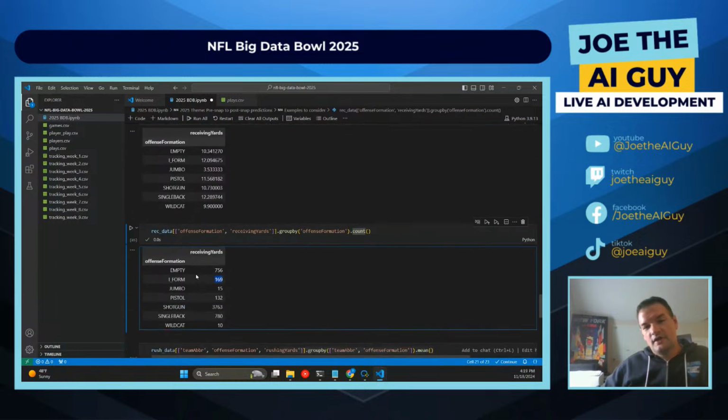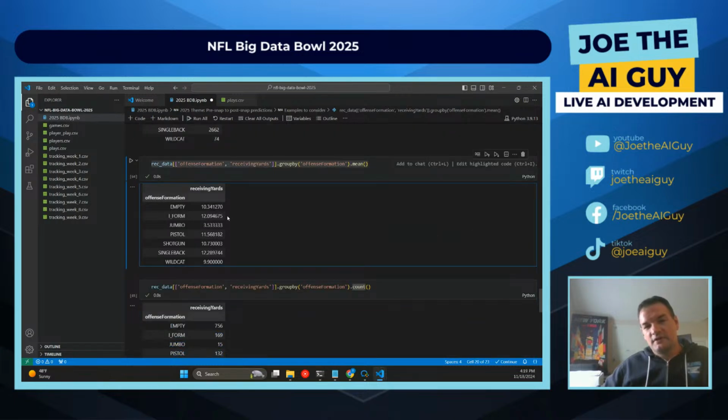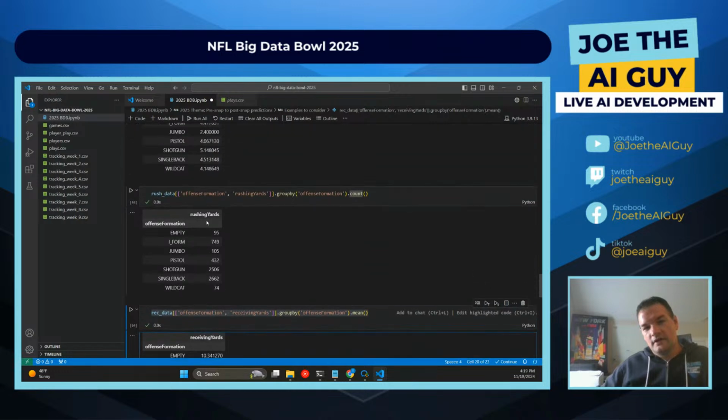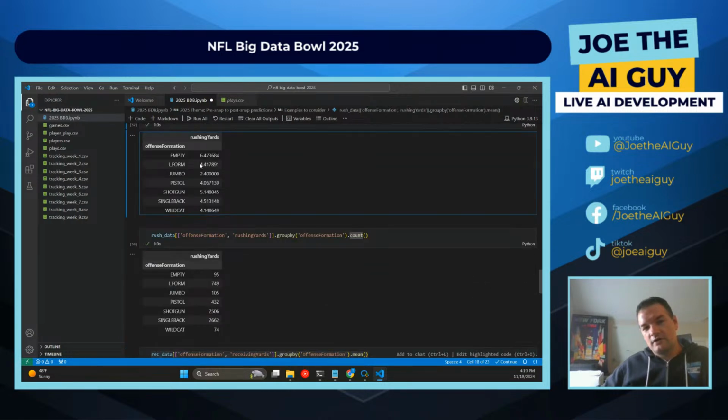It seems we're about that same range as far as receiving goes. We're seeing very few I formation passes. When you do them, they are very effective. And then in terms of running, you're getting about average production there, and that's about 10% or so of the plays you'll see across the game in the I formation.